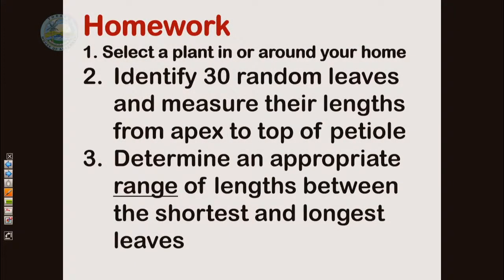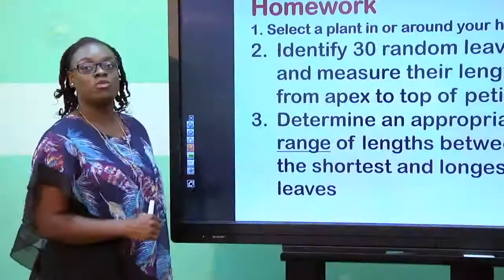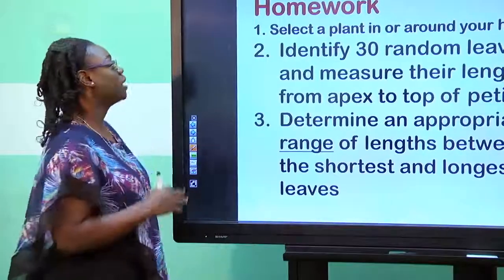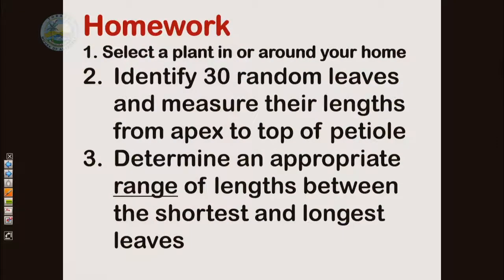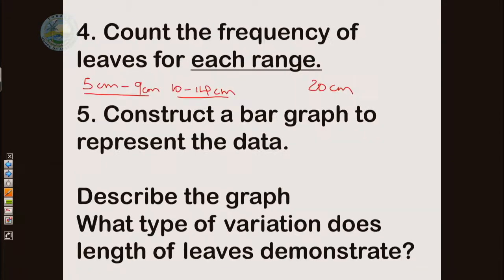So as we come to the end of this session, I have some homework for you. Very simple. Select a plant in or around your home. Identify 30 random leaves and measure their lengths from apex to the top of the petiole. Determine an appropriate range of lengths between the shortest and the longest leaves.